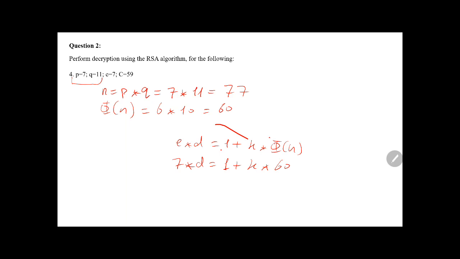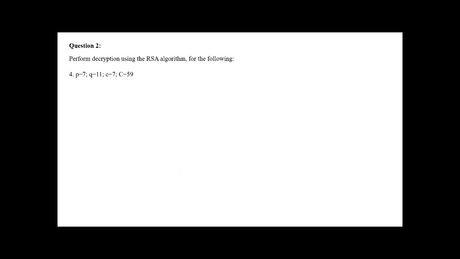So we have one equation and two unknowns, so we need to do our Euclidean algorithm. Let's rewrite this here. So it's 7 multiplied by D, which is equal to 1 plus K multiplied by 60.